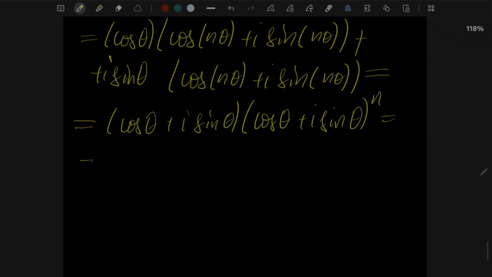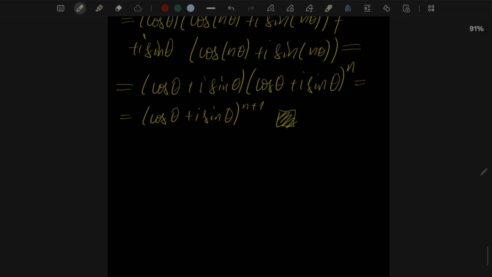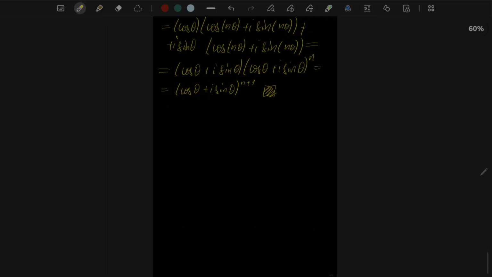And basically, isn't this incredible? It is the cosine theta plus i sine of theta to the power of n plus 1, which is what we need to prove. How absurd is that?